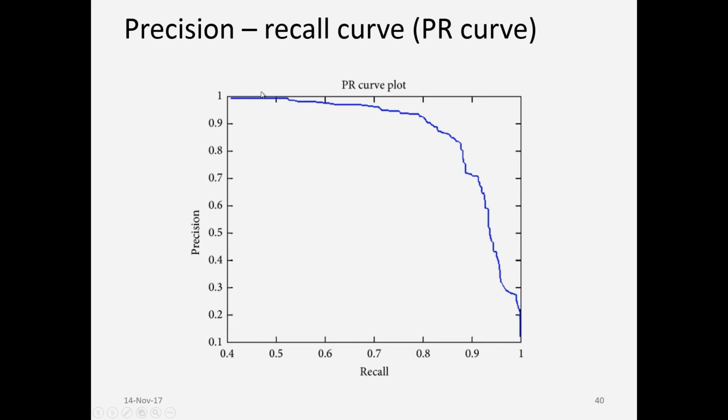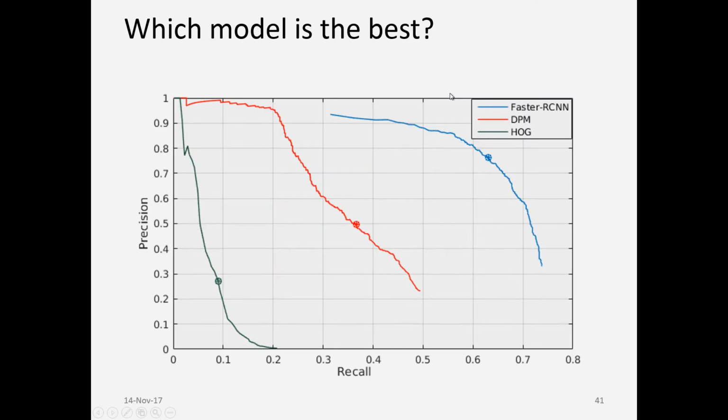A perfect classifier is really, really difficult. And typically you have something like this, where you can compare approaches: for example, Faster R-CNN is here, DPM is here, HOG is here, so you can see a precision and recall trade-off.